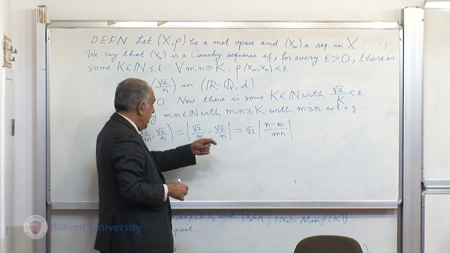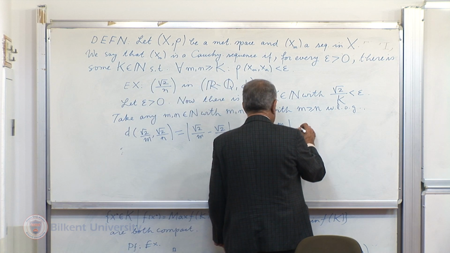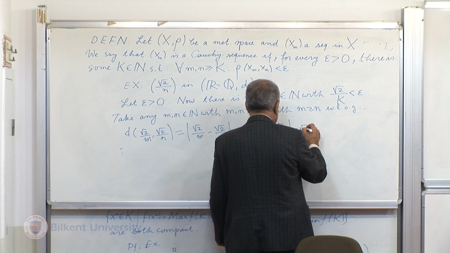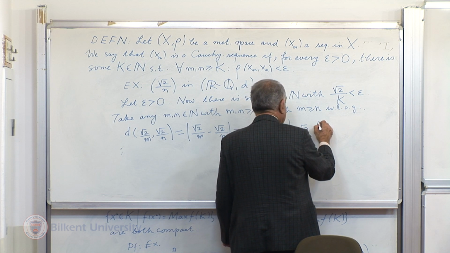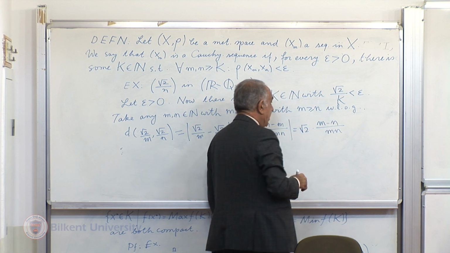This is the common denominator. Now I took m larger, so this is equal to square root of 2 times m minus n divided by mn.